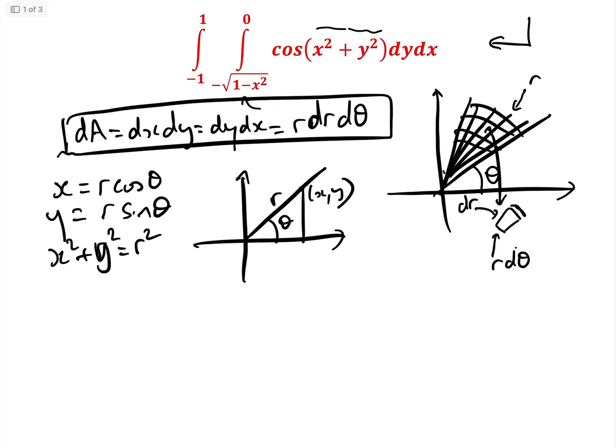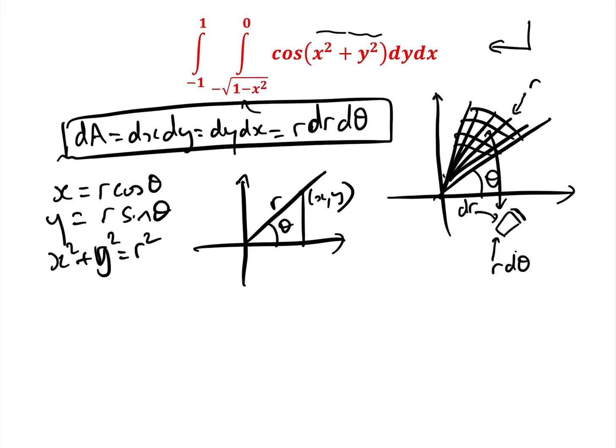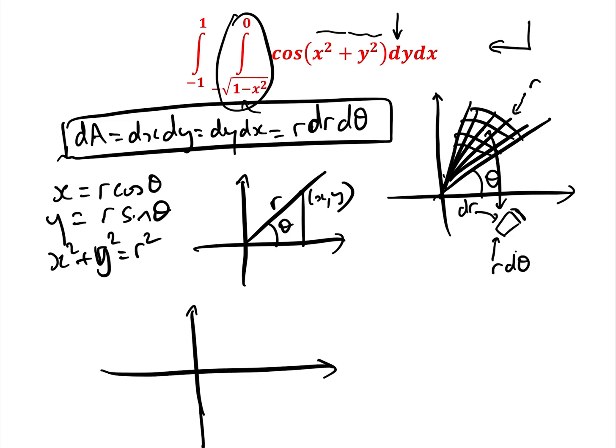Okay, so let's have a look at the actual integral here. We first of all have to find out the region over which it is integrating. So if we look at the y, it is integrating from y equals 0 down to y equals minus root 1 minus x squared. Well, clearly that is x squared plus y squared equals 1.